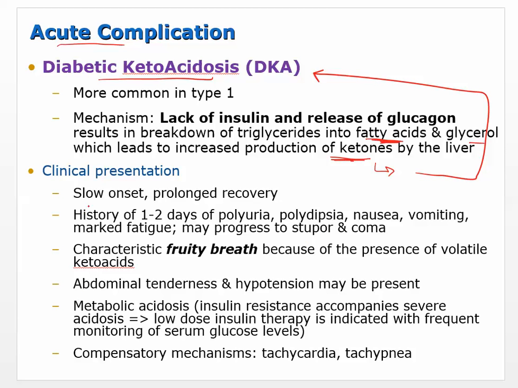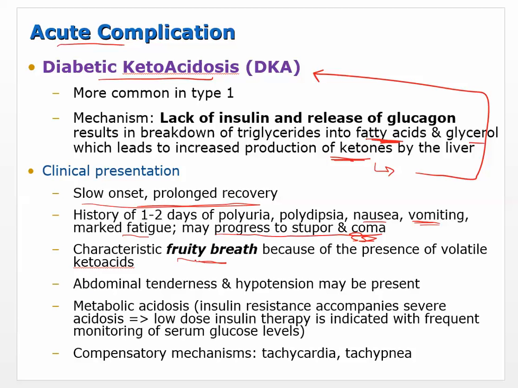So clinical presentation, it usually is slow onset and a prolonged recovery. In terms of presentation, you're going to see 1 or 2 days of polyuria and polydipsia, so excess urination and excess thirst, nausea, vomiting, some of the signs and symptoms associated with acidosis, marked fatigue, and in some cases it may progress to stupor and even coma if you don't get it under control.